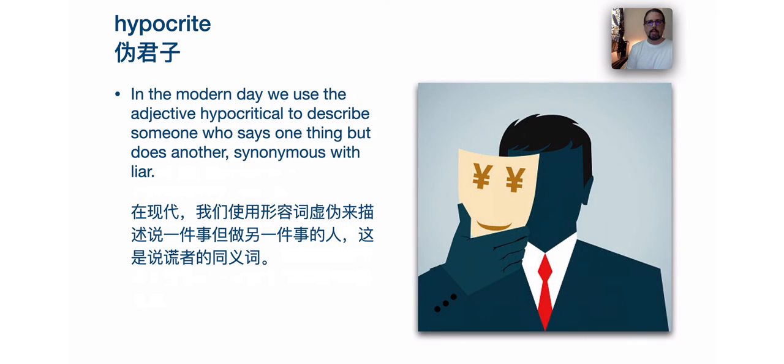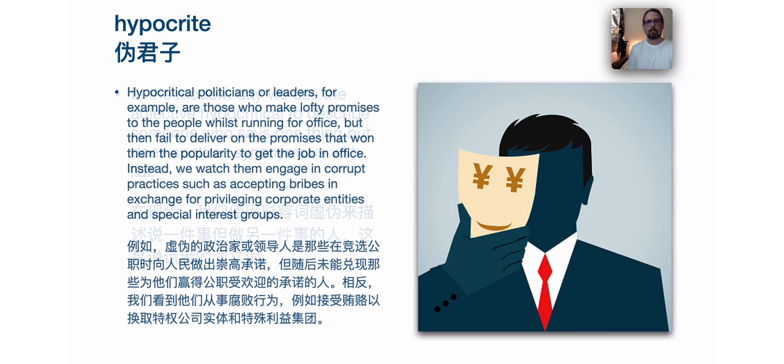In the modern day, we use the adjective hypocritical to describe someone who says one thing but does another, synonymous with liar. So hypocritical politicians or leaders, for example, are those who make lofty promises to the people whilst running for office, but then fail to deliver on the promises that won them the popularity to get the job.